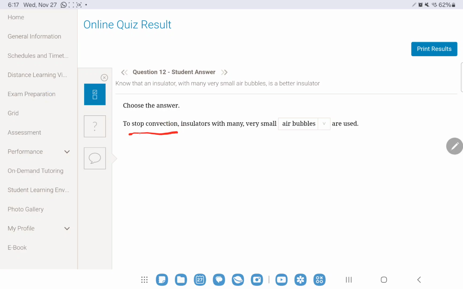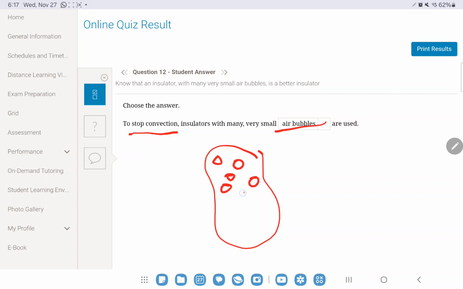To stop convection, insulators with very small air bubbles. Because look, if you have a sponge, it has air bubbles, or little holes like a sponge does. Convection happens through air. So if you have little convection currents here, they're too small to happen in this small space.